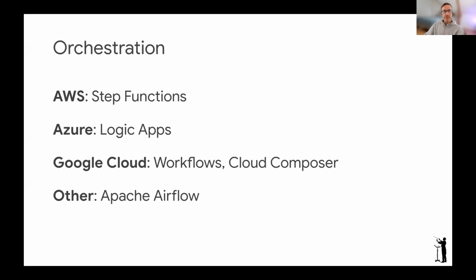We also have, for the orchestration, each of the cloud providers have solutions: Step Functions for AWS or Logic Apps on Azure. On Google Cloud, we have two products. There's Workflows that we're going to use in a moment, but there's also Cloud Composer, which is based on the Apache Airflow open source project, but it's workflows more for data-driven pipelines rather than business processes, right?